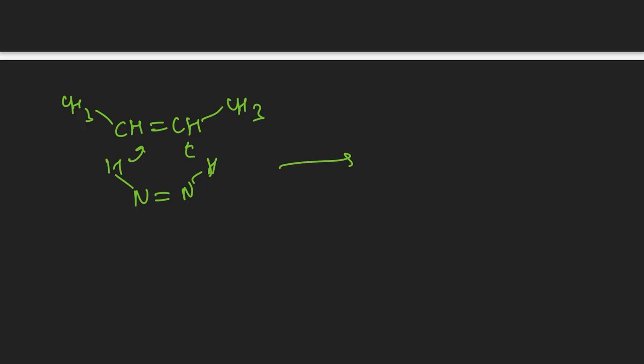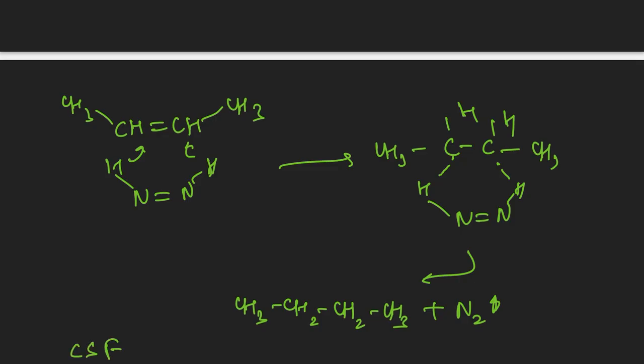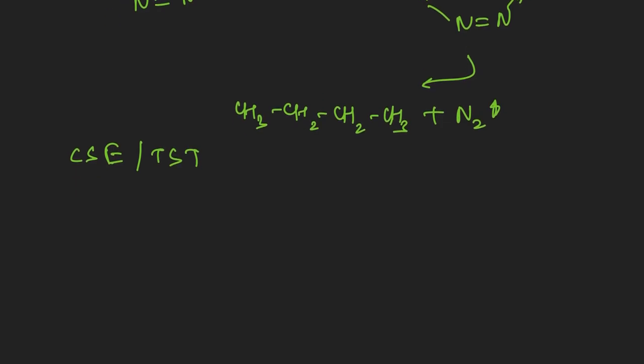It will form CH3 CH CH CH3, and this double bond will come here, N double bond N, H. Now this hydrogen will go here and this nitrogen will come out. So it will be CH3 CH2 CH2 CH3, and nitrogen gas will come out. So it is also syn addition.